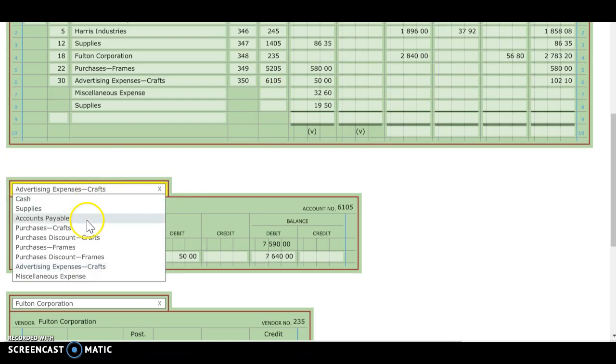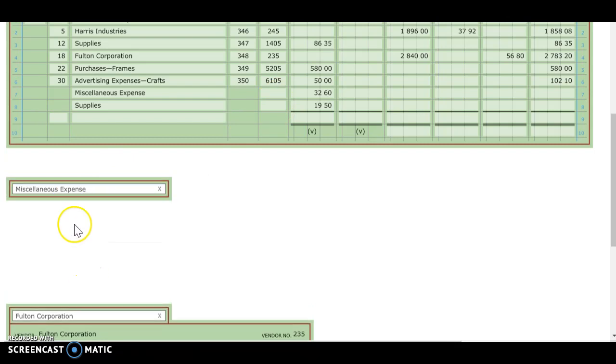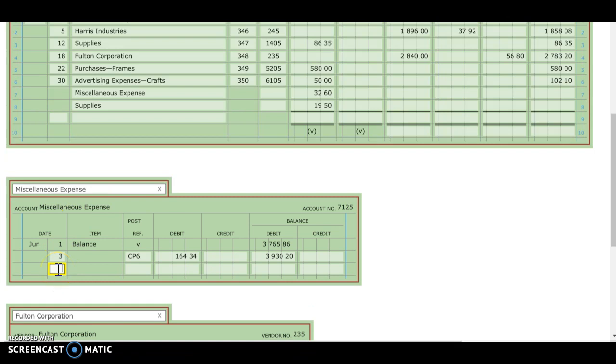Miscellaneous expense. The date is the 30th. CP6. 32.60 debit. And our new balance is $3,962.80. And account number 7125 goes back up.